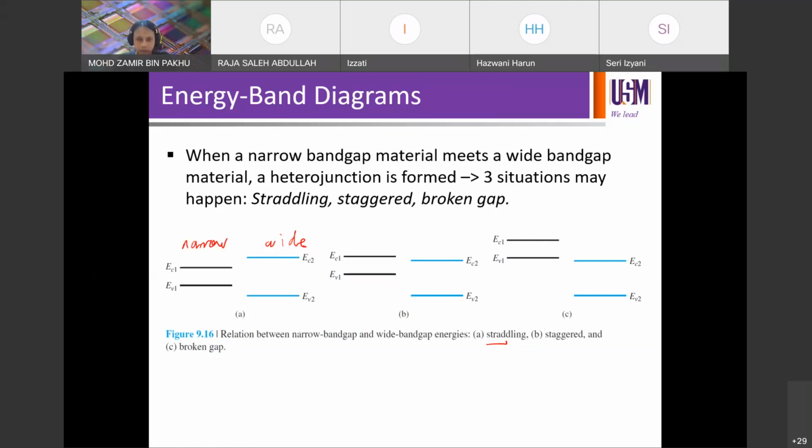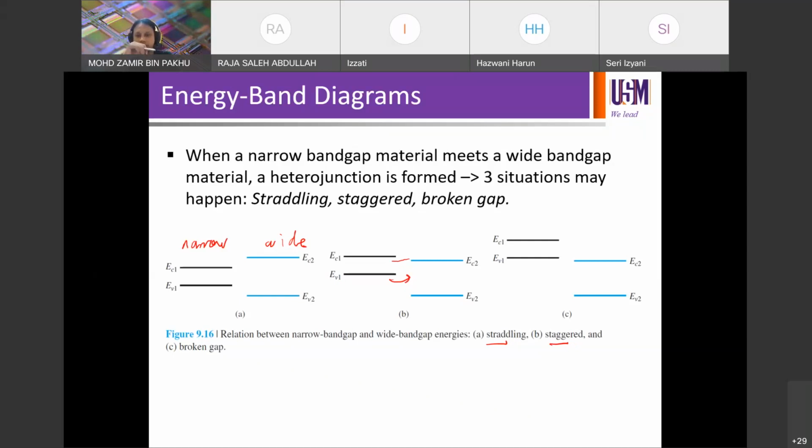The second case, look at this. Now the EC1 is higher than EC2, but the EV1 is within EC2 to EV2. So EV1 duduk kat dalam ni, but EC1 is slightly above EC2. So we call that staggered band gap, right?